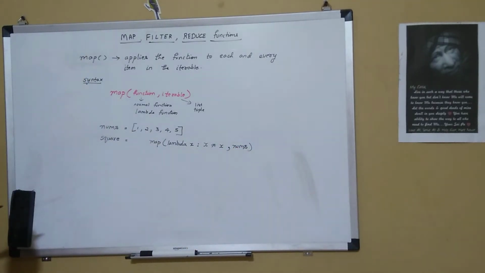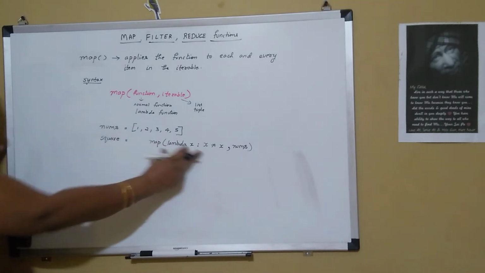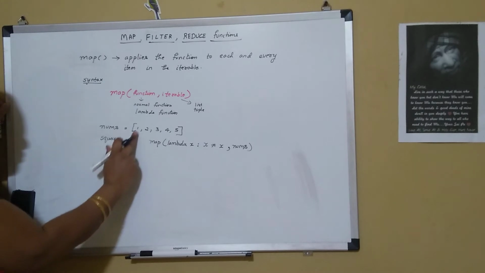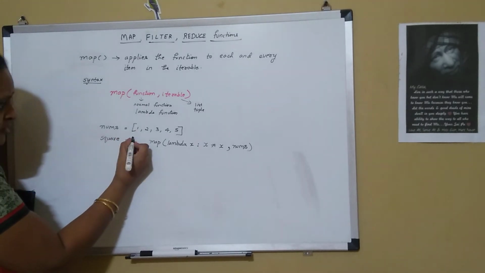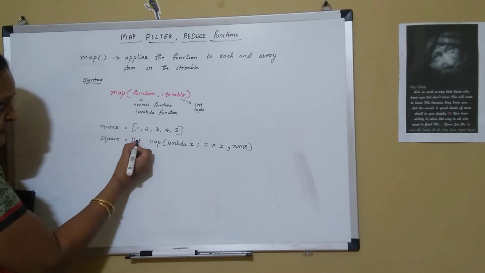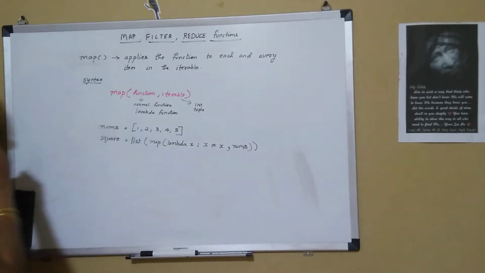So when we do this, the map function will return a map object. But we want the output in the list format. So we prefix it with a list, and we give this particular function.